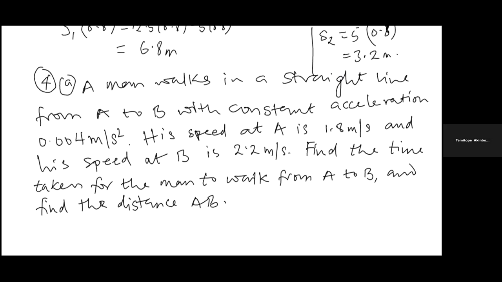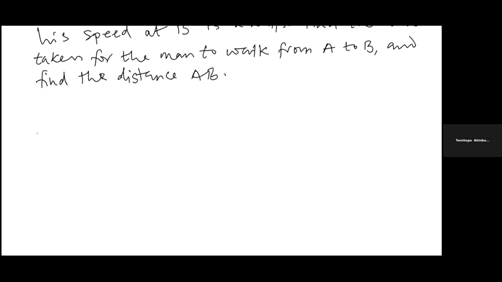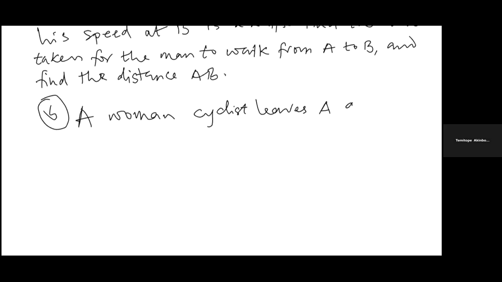So question B. Question B says a woman cyclist leaves A at the same instant as the man.